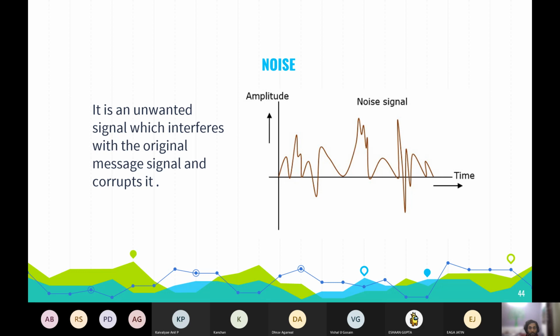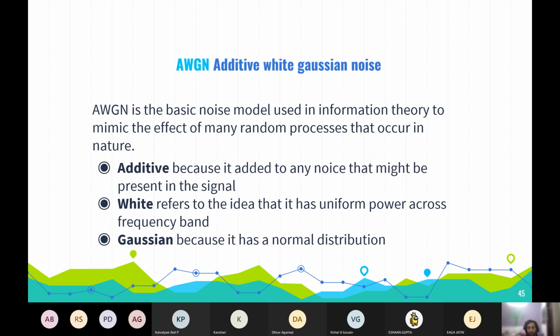Then there is noise. Noise is the unwanted interference that we get, which corrupts the signal. It is kind of random. So we use AWGN. AWGN stands for additive white Gaussian noise. Additive, because it is added to the normal signal.